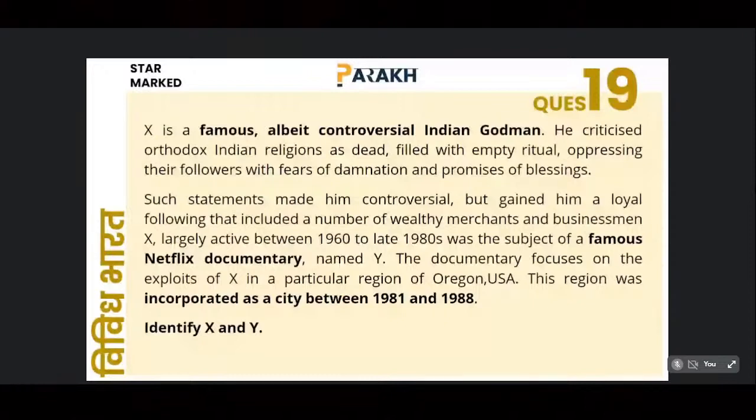The documentary focuses on the exploits of X in a particular region of Oregon, incorporated as a city between 1981 and 19. For 19A you have to answer X, and for 19B you have to answer Y.